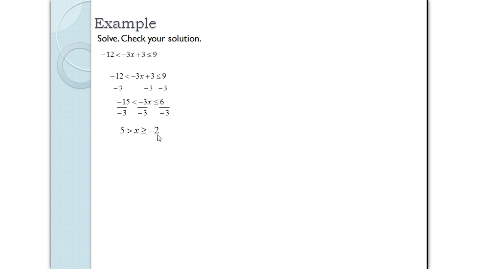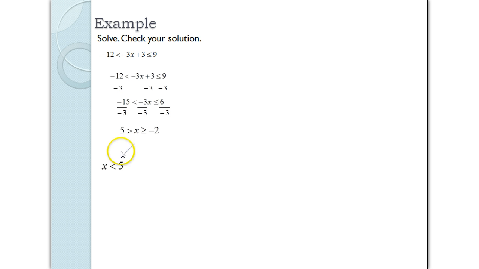So this is my solution. It just looks kind of different. You guys can rewrite this in a format that you're more familiar with by simply picking it apart. Now notice if you look at the front half of this compound inequality, you have x is less than 5. Notice that the inequality is pointed towards the x.